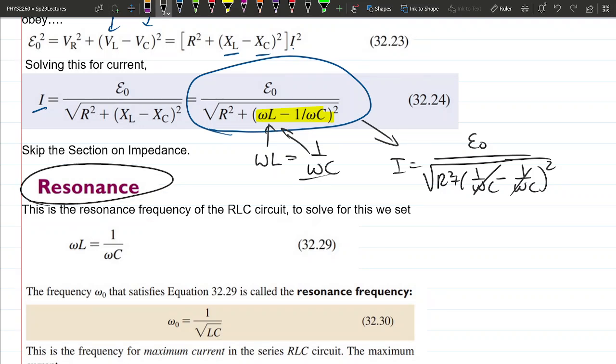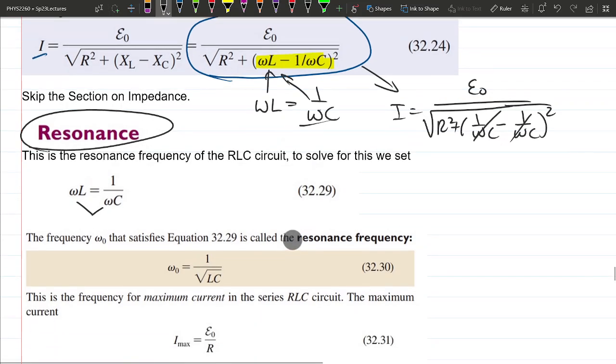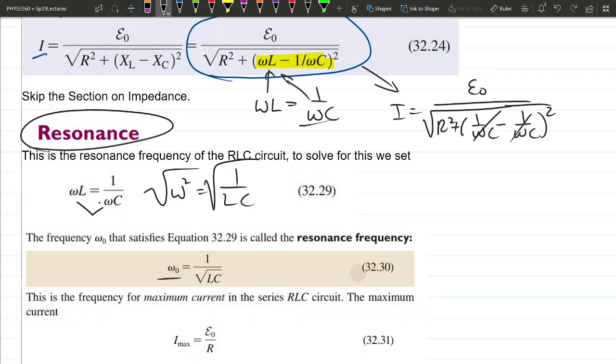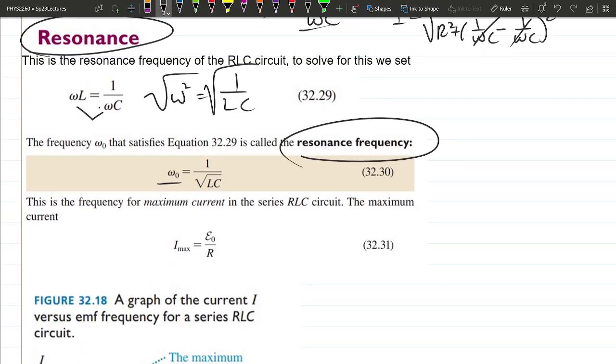And this is how we pick out that radio station, 91.4 megahertz, whatever it is, right? Okay? This condition makes it so that, if you solve this equation for omega, you get omega squared on this side, and then you get 1 over LC on this side. You square root both sides. You get that the resonant frequency for your RLC circuit is actually going to be 1 over the square root of LC, okay?